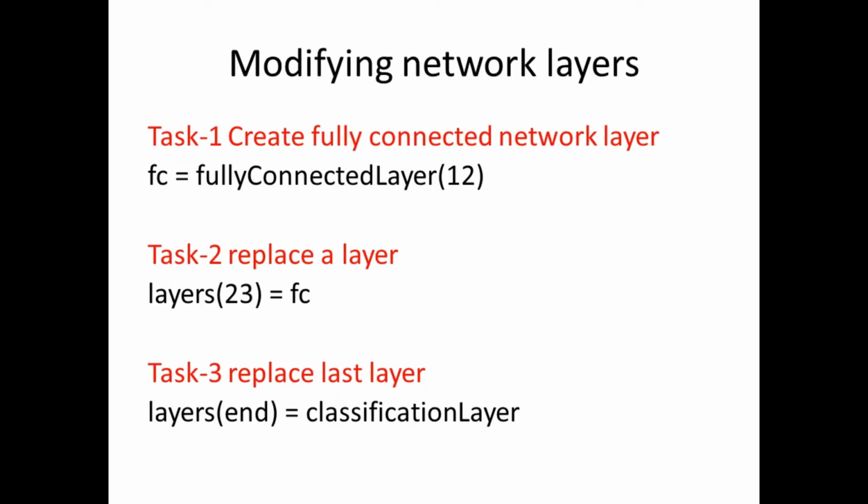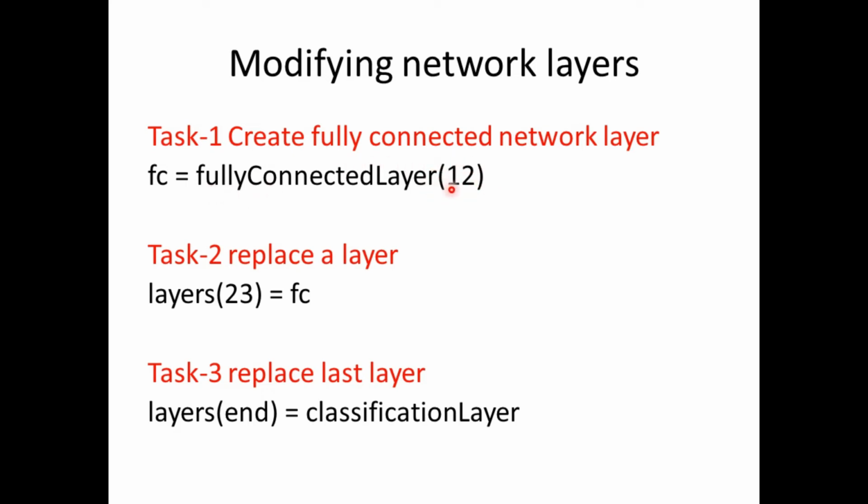Once the training data set is ready, we need to load it to the network and do the predictions. If we want to modify the network, initially we need to understand how the network is structured, which we have already done in the previous sections. So now I will try, in a simple manner, to modify a network layer. I use a command, fully connected layer with 12 neurons.